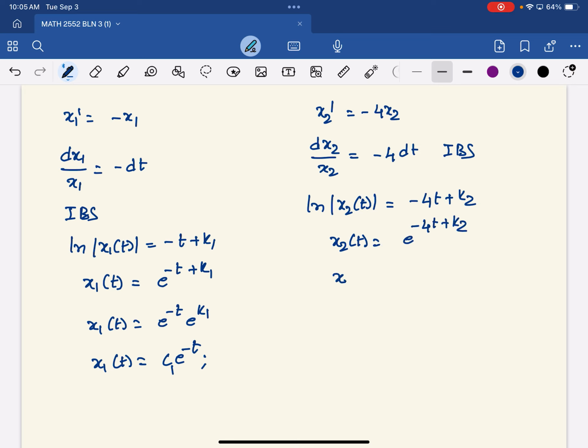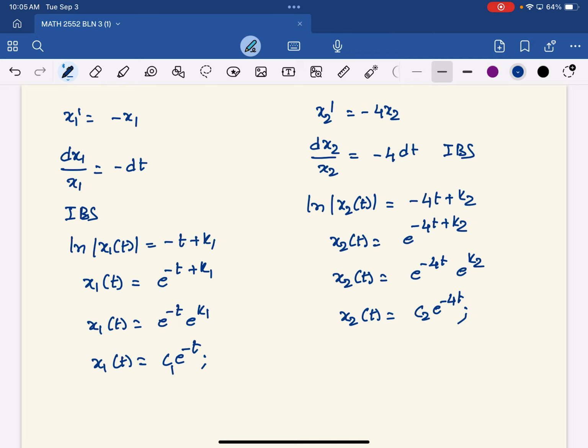So x2 of t is going to be e to the negative 4t times e to the k2. So x2 of t is going to be c2 e to the negative 4t. Luckily, if my coefficient matrix is a diagonal matrix, then I can use the variable separable method to find a solution. Is that clear?